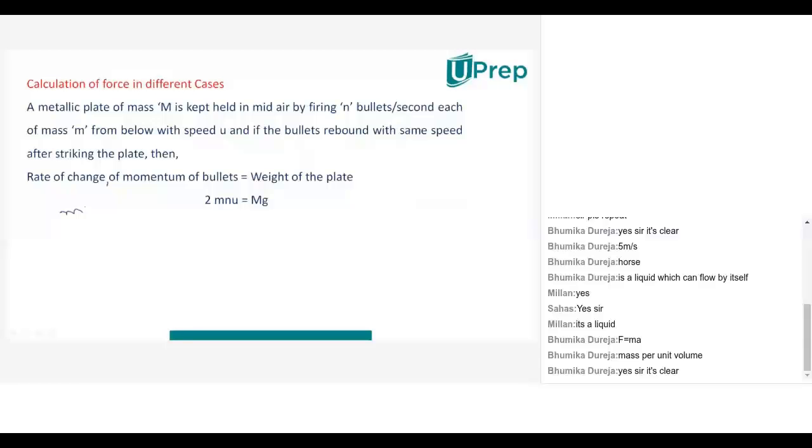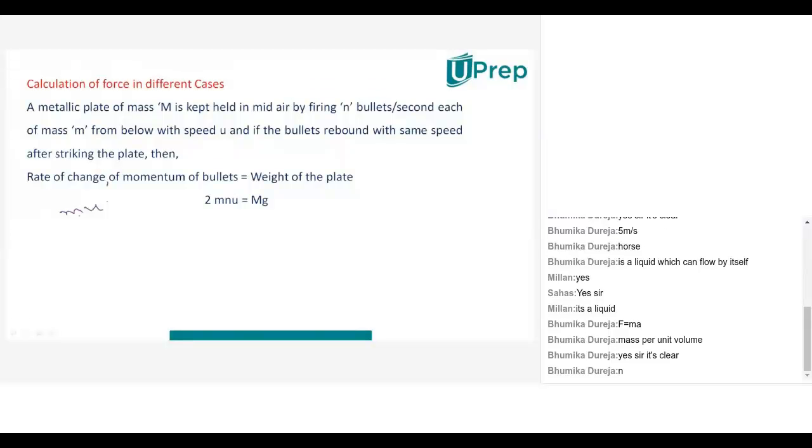And the next one, it is going with a velocity u, isn't it? It is moving with a velocity u or not? Yes, sir. So momentum means how much? mu. But how many bullets are coming in each second? n number of bullets. So that's why I'm writing mun.